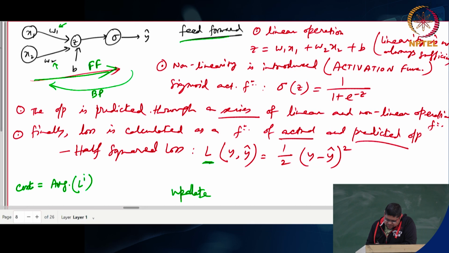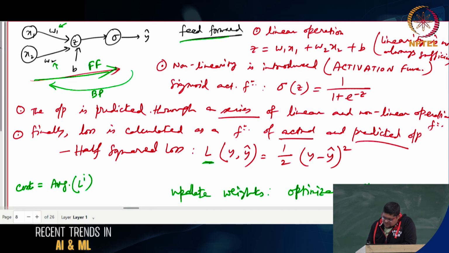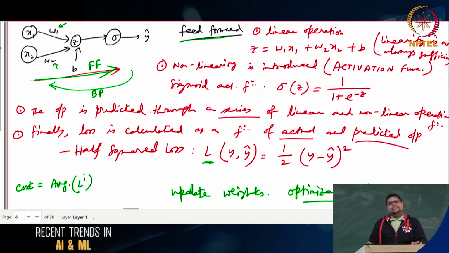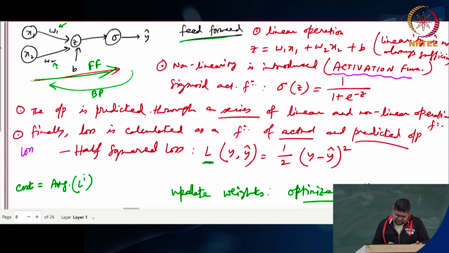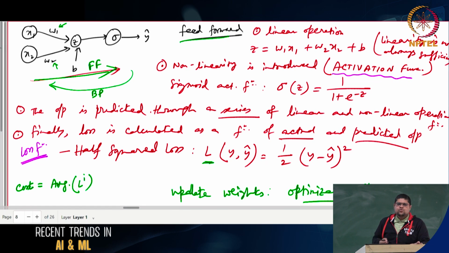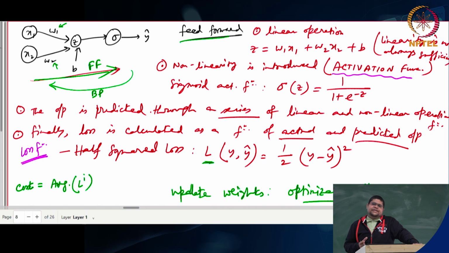For updating the W's, we will have some optimization function. So far we have looked into 3 types of function. One is the activation function. What is the purpose of the activation function? To achieve non-linearity. We have learned some loss function, to calculate the loss or measure the difference between the actual and predicted values.